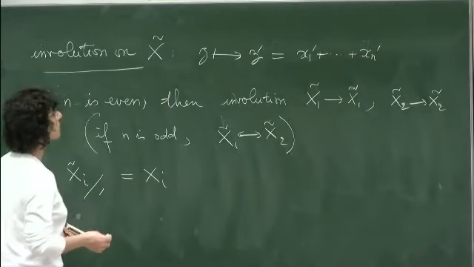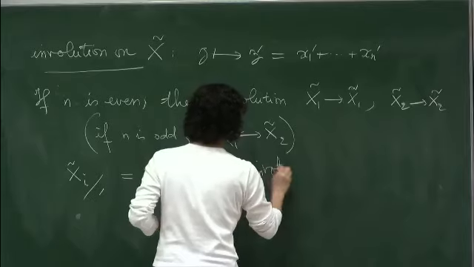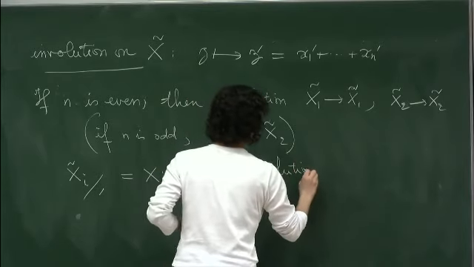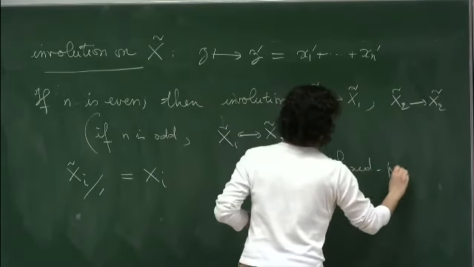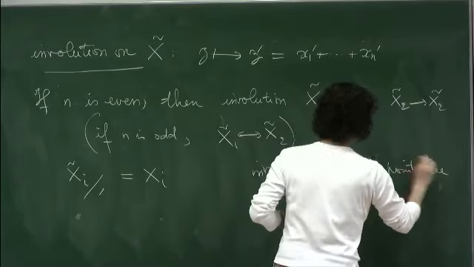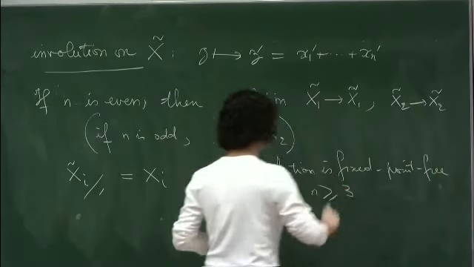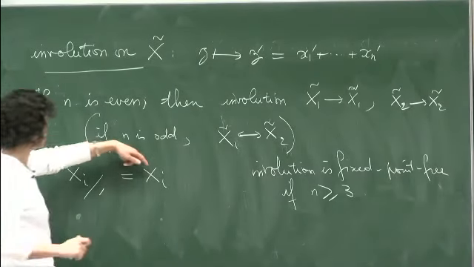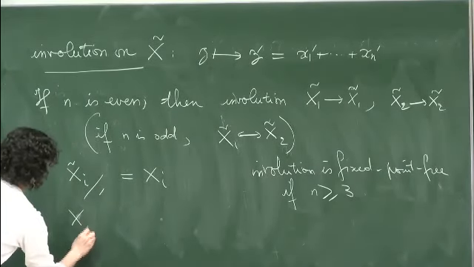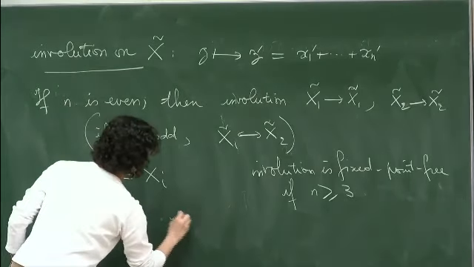And you can also prove that the involution is fixed point free if n is at least 3. So these will be étale double covers. So you get Xi tilde to Xi. This is an étale double cover.